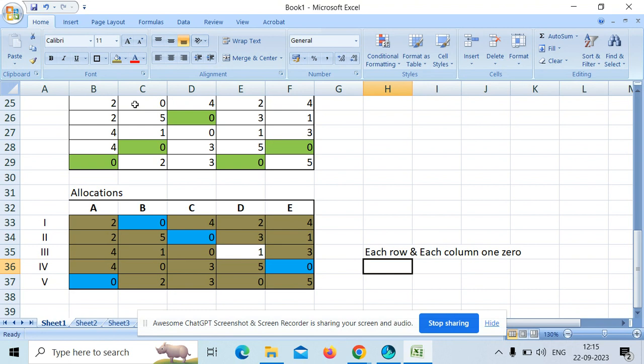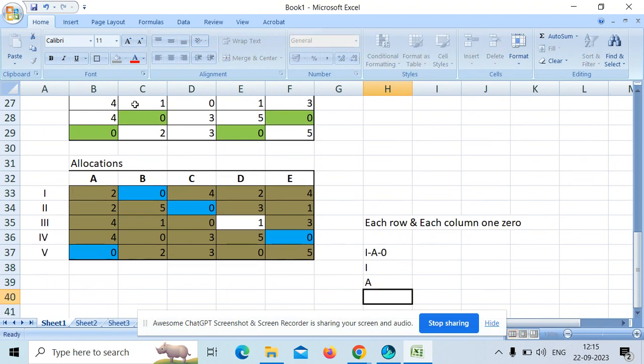Now suppose I allocate in row 1, column A, one 0. Then the entire row 1 will become useless to me because one allocation is done, and the entire column A will become useless to me because one allocation is done.